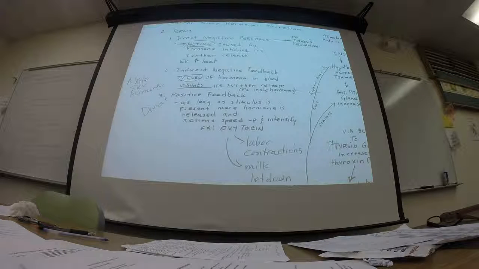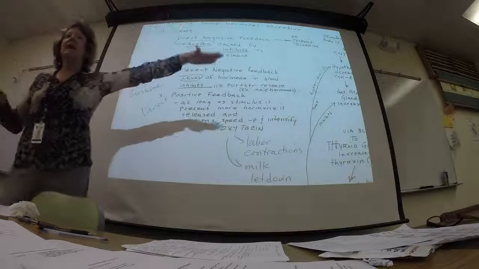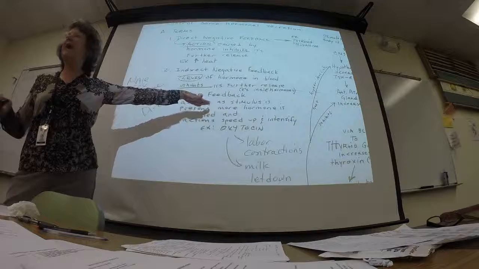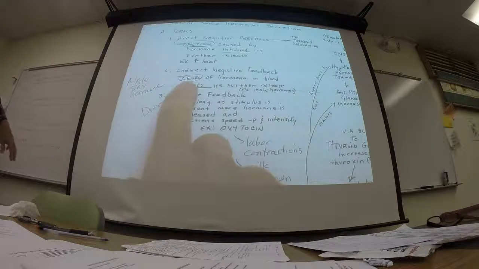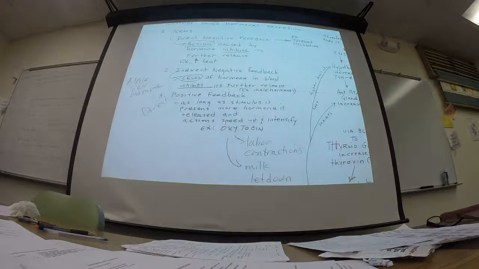That's the first time since he's been born that he makes testosterone. And from that day, let's say 9 years old, till the day he dies, he's going to make a set amount of testosterone and keep that level in his blood from now on. So it is the level of hormone. That's when you call it indirect, when it's the level of hormone and not the action that it triggers.